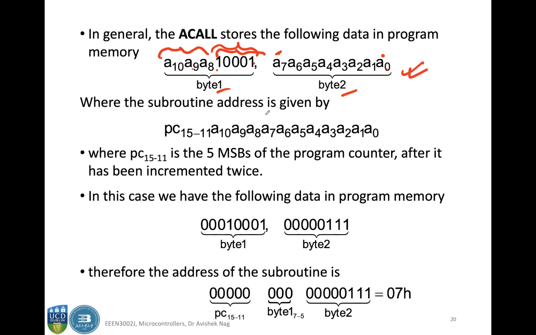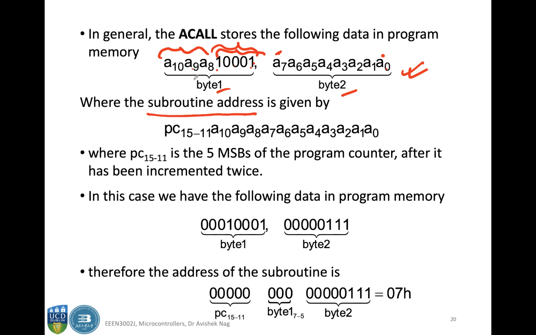So let's say my ACALL instruction looks like this, then your subroutine address can be decoded from the bits of ACALL. This is the first byte, this is the second byte. The second byte has 8 bits, A0 to A7. The first byte also has 8 bits, but the 5 MSBs are fixed as 1 0 0 0 1, and then I have these 3 bits.